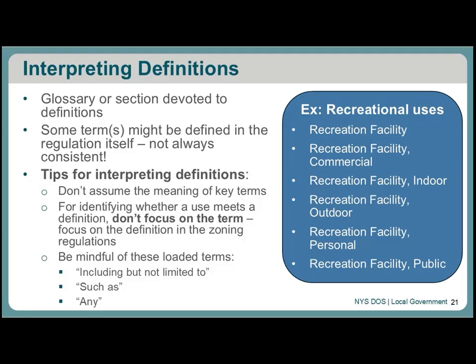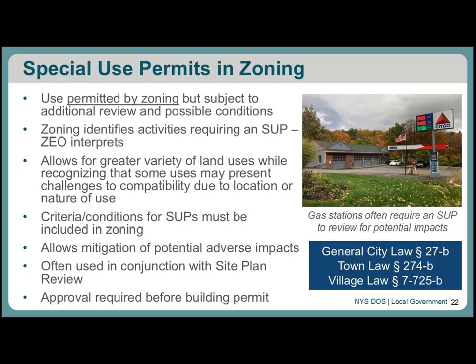But then in larger communities where things change from neighborhood to neighborhood, and there's downtown areas or other scenarios, you may need a lot of definitions because you're trying to carve out certain types of recreation for different areas where it would be compatible. So that's just an example to show you how much thought really should go into the definition section and what you need to be considering.